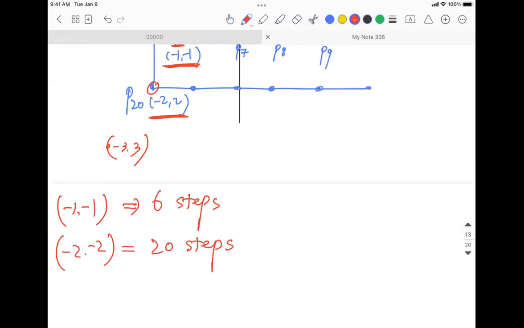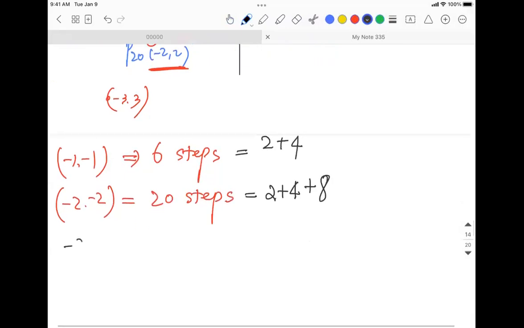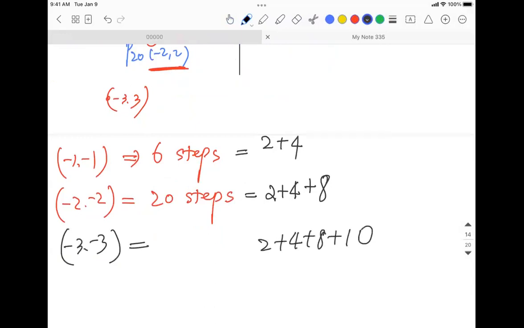So if you can figure out the rationale behind it, 6 equals what? 2 plus 4. 20 equals what? 2 plus 4 plus 8 plus... If we want to go for this, it is going to be 2 plus 4 plus 8 plus 10.